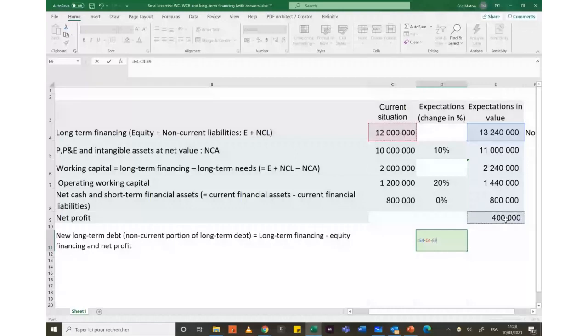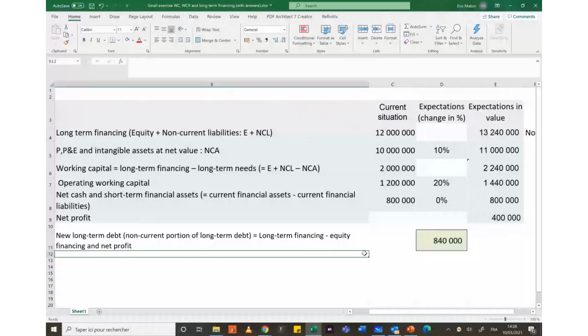We suppose we continue with the same long-term financing. We need to add a new amount, but don't forget, thanks to the net profit, we increase the long-term financing. So the debt you need is 840,000. So yes, you have the good answer, 840,000. Okay.